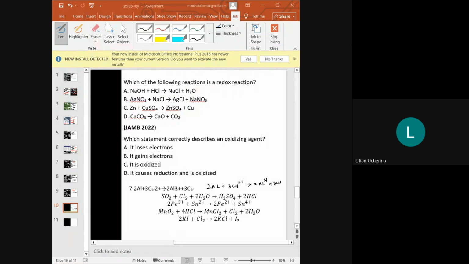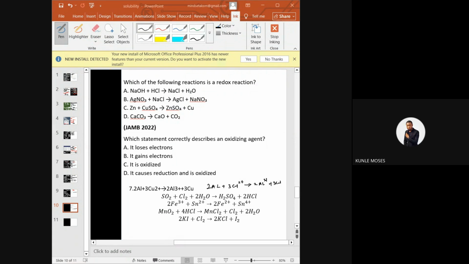In the equation, sulfur loses electrons, which is being oxidized. How many electrons? It goes from +4 to +6, so it loses 2 electrons. It is oxidized, and it's a reducing agent.